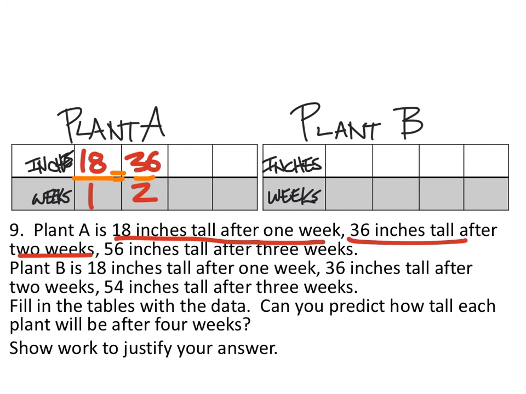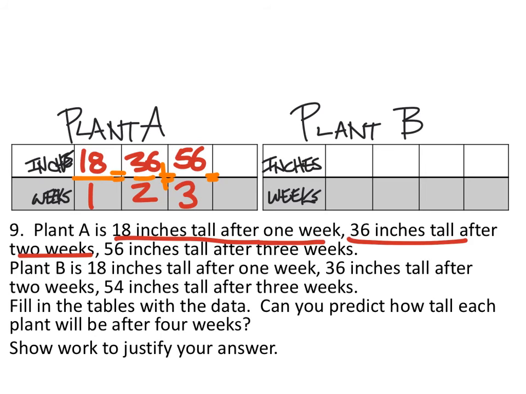So right now, that's a proportional relationship, but let's continue. It says it's 56 inches tall after 3 weeks, and 56 divided by 3, one, and 26. Oh, that's not. Now, between these two, that is not equal any longer, which means it's not proportional.